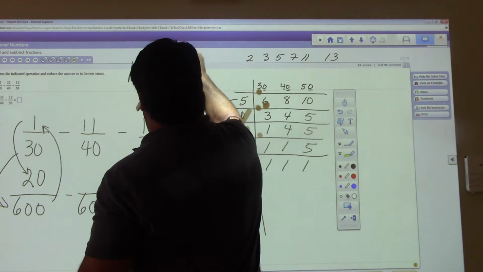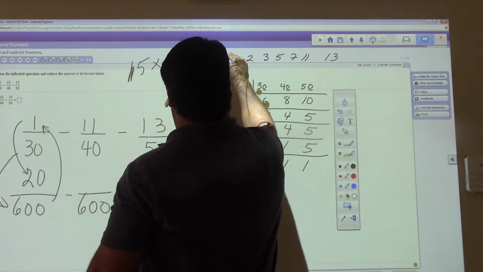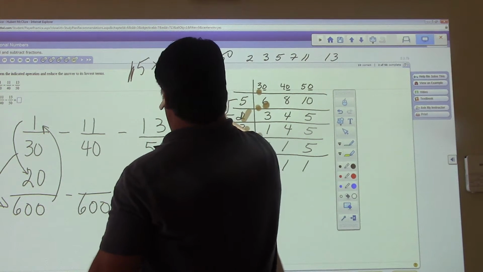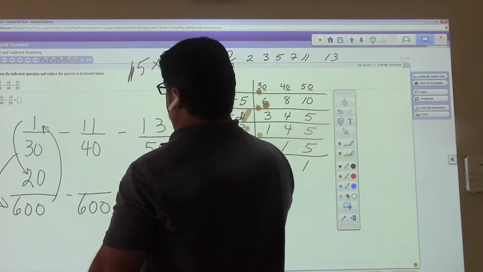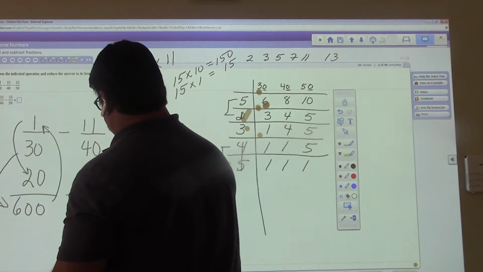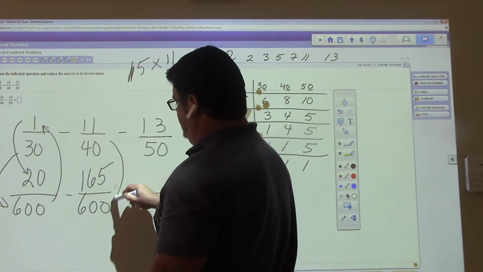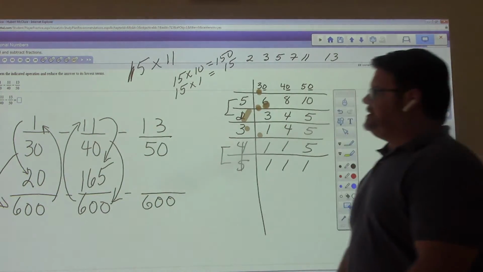Well, 15 times 10 is what? And what's 15 times 1? Oh my gosh, 165. So 40 will go in there 15 times. 15 times 11 is 165.